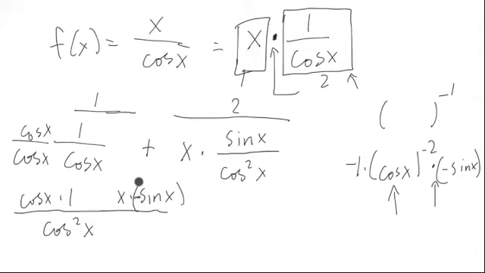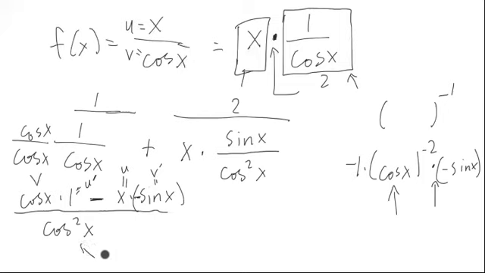Notice, if I were to think of this function right here as being maybe a u and a v, like u over v, then this one right here is actually the derivative of u. This is just v. Now this right here is the derivative of v. This is just u.